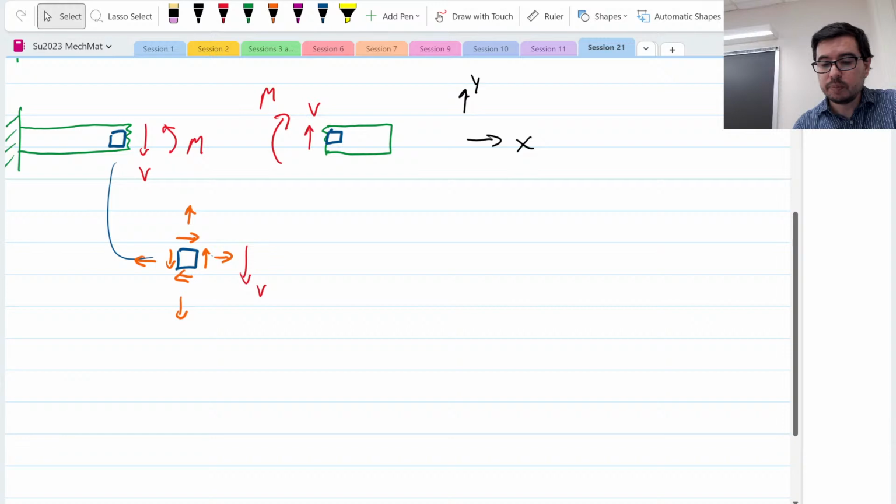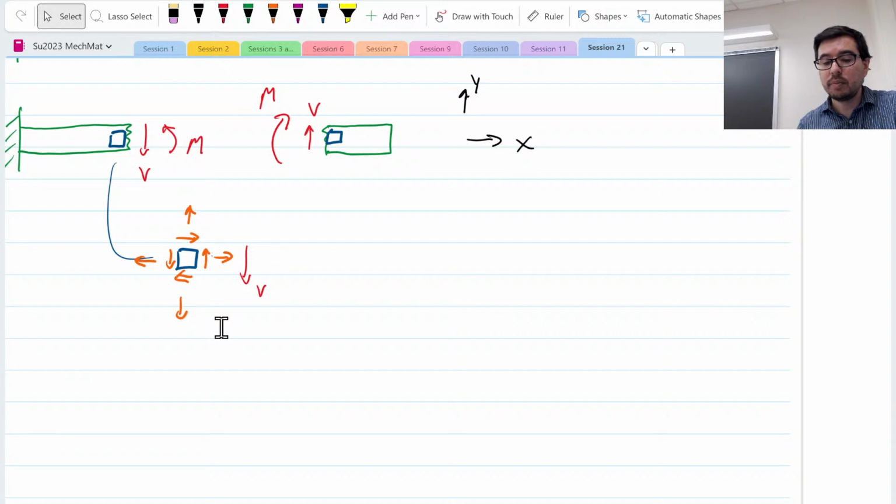This is one convention that I had to use on this as well. So if the shear force was up, like negative, then you would use down in the element.